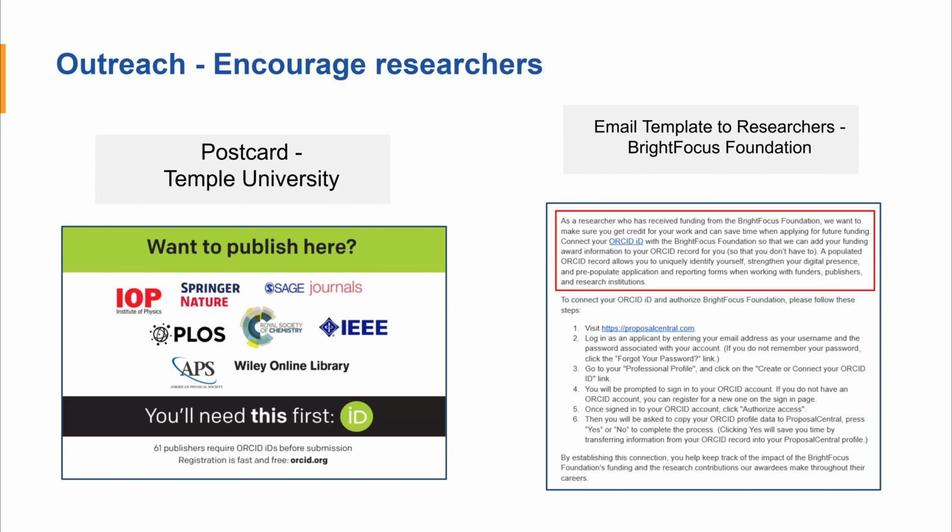And again, encouraging researchers, right? You're showing them the benefits and encouraging them to make sure they're connecting. So here are some examples. This one is from Temple University. It's a postcard basically laying it out: if you want to publish in these different journals, publishing presses or organizations, you are going to be asked to have an ORCID ID.